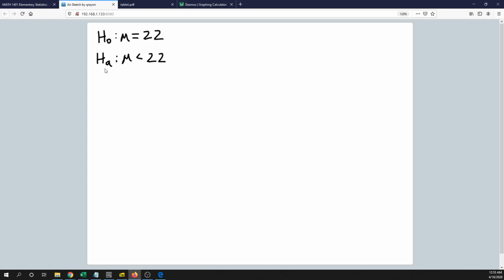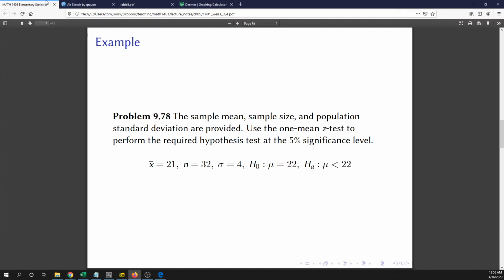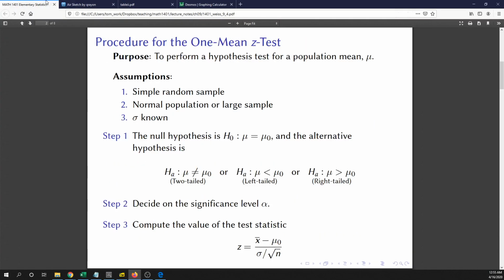The alternative hypothesis is that the mean is less than 22. So going back here, that's step one, to know your null hypothesis and the alternative hypothesis. Our alternative hypothesis is of this form, so it is a left-tailed test. So that is step one.